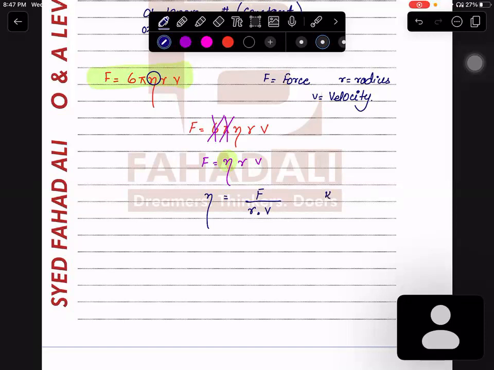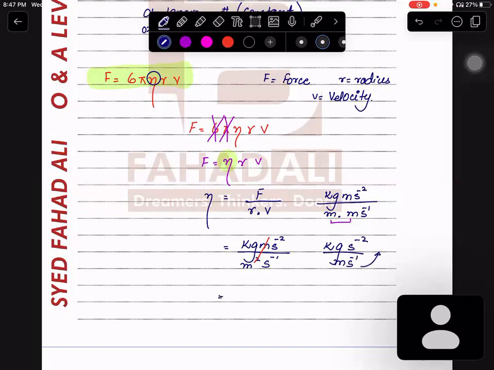F is kg m s minus 2. Radius is meter. Speed is m s minus 1. So m into m becomes m square, right, Musaf? Yes sir, absolutely. kg m s minus 2 over m square s minus 1. Simplifying this will give you kg s minus 2 m s minus 1.